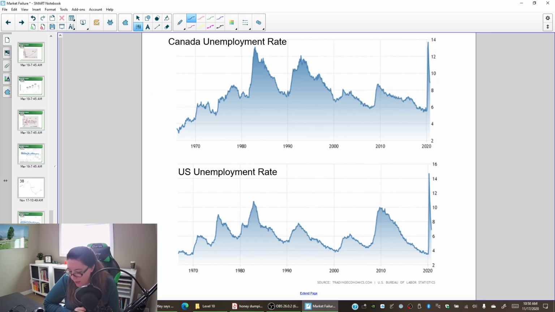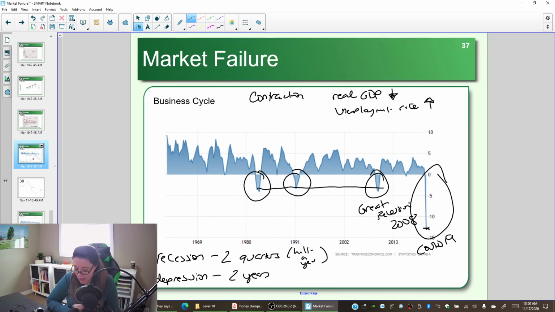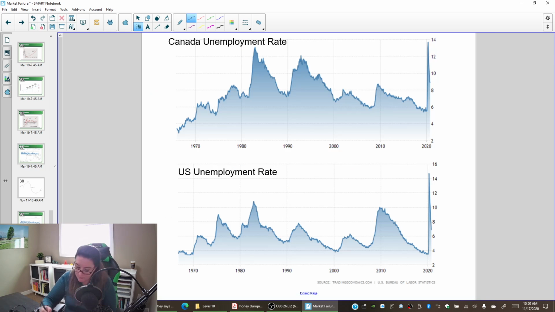Here you can see the unemployment rates. So if we recall, let's go back. Remember, we had a recession in the 80s, early 90s, and then 2008. So notice that when the economy is contracting, the unemployment rate goes up. You can see that in the 80s and the 90s and 2008.